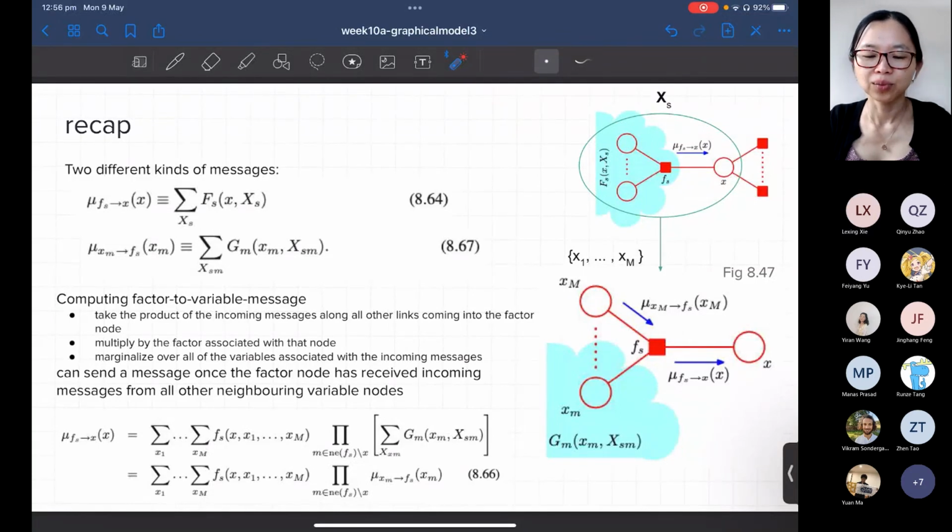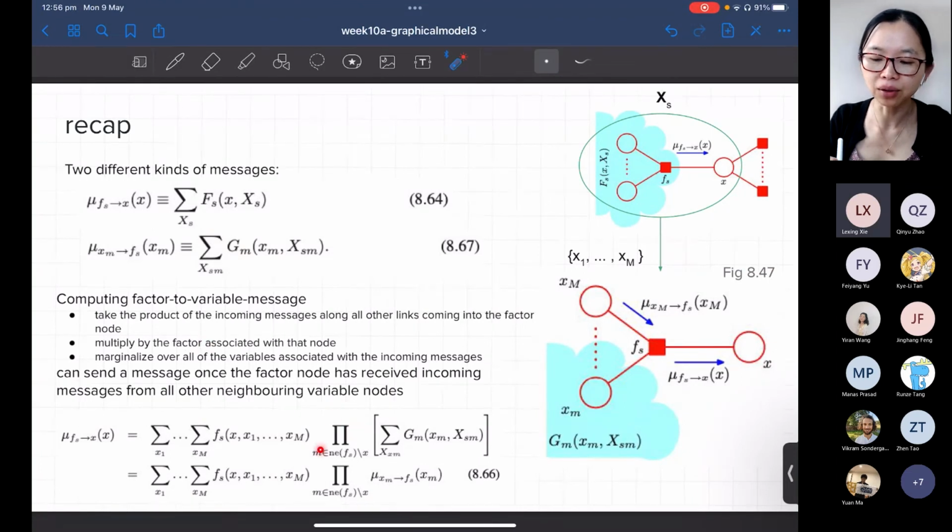So in order to compute the factor to node message, which is itself a function, we take the product of incoming messages along all the other links. We take the product of the node to factor messages, like this product here, and then multiply by the factor associated with that node, which is this term.